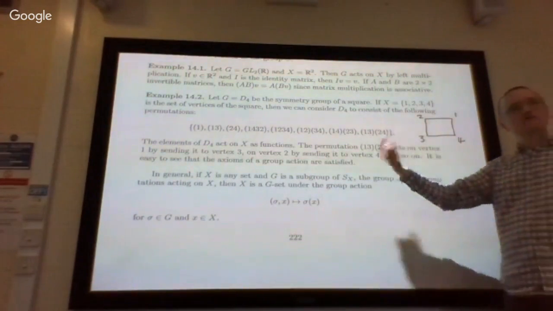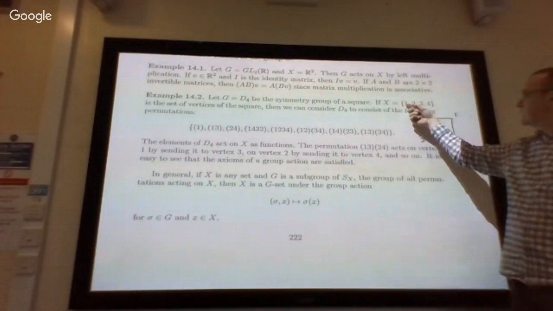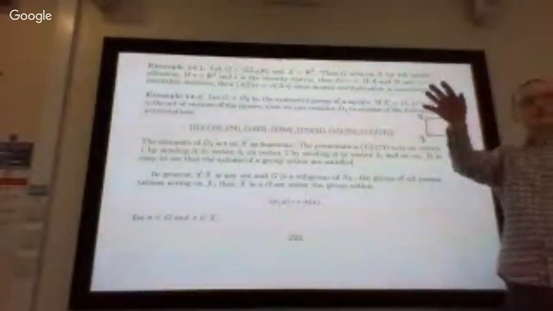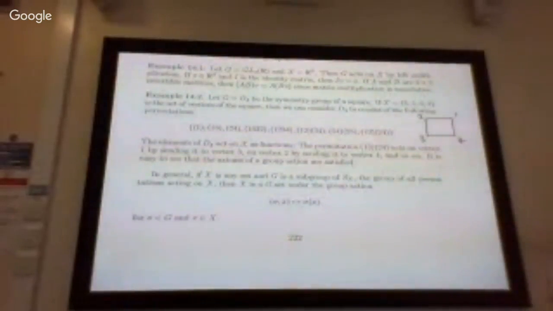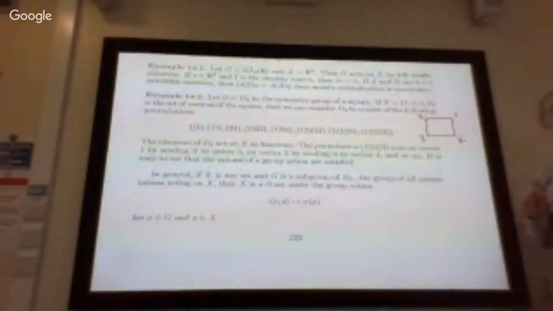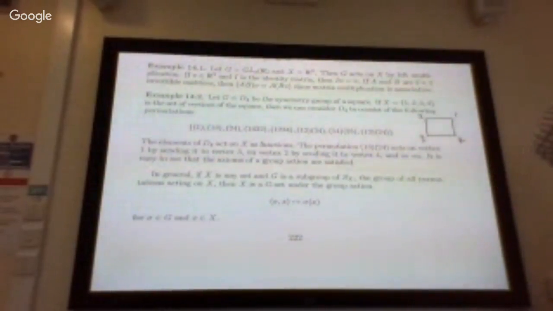You don't have to force it, it just naturally has this effect that it moves the elements of the set around. And it does so in a way exactly in accordance with the definition of the group action that we have. First condition, yes, the identity symmetry just leaves the original square where it is, so it just sends each vertex to itself. Okay, so that's satisfied.